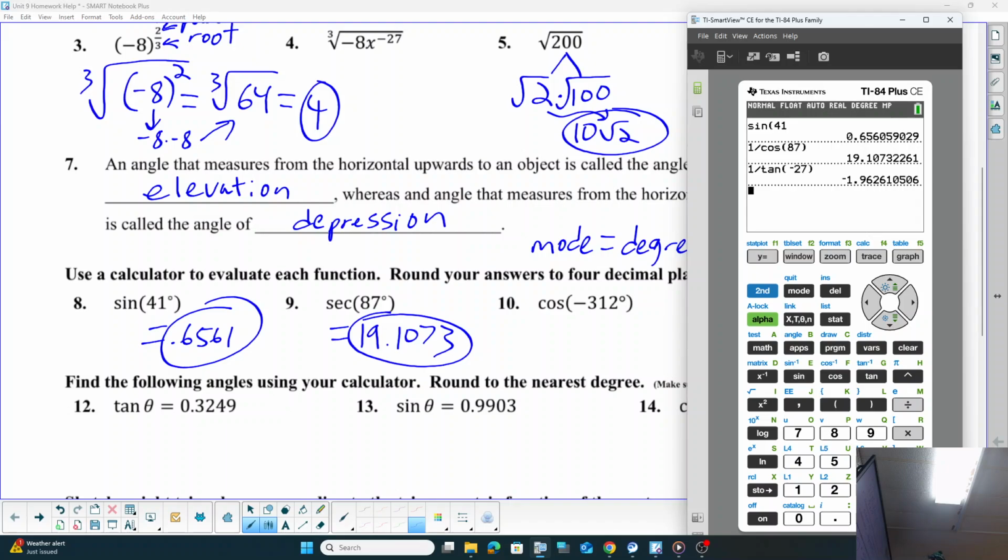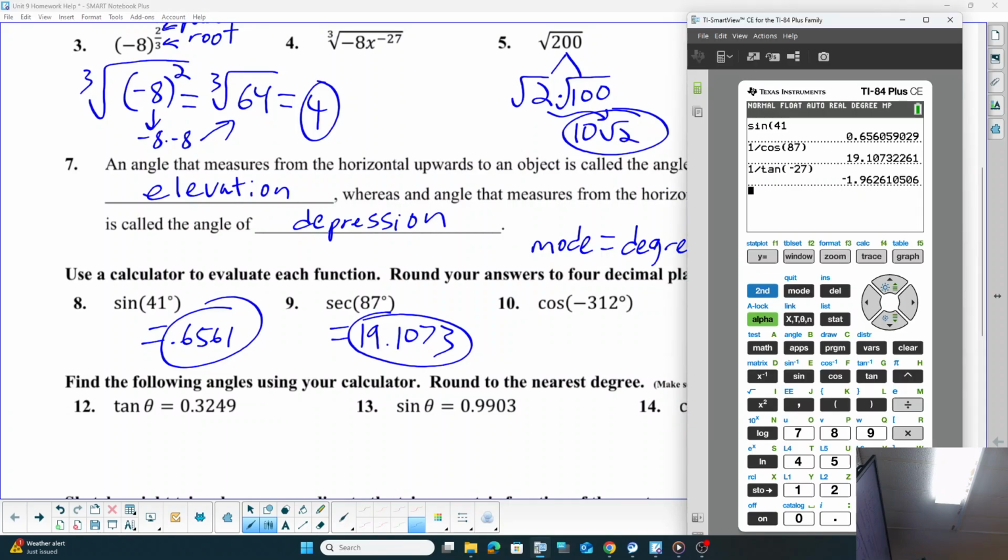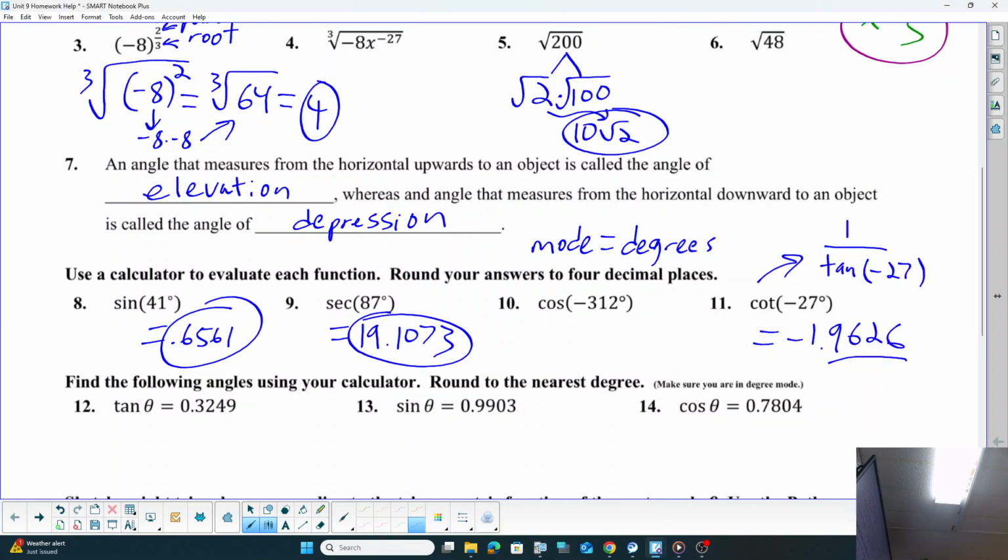We're going to get a negative number, negative 1.9626. Remember, it's to the nearest 4 decimal places.